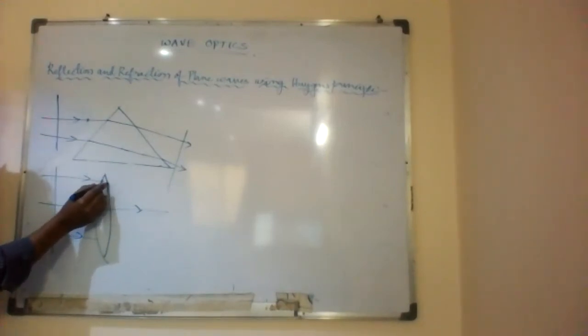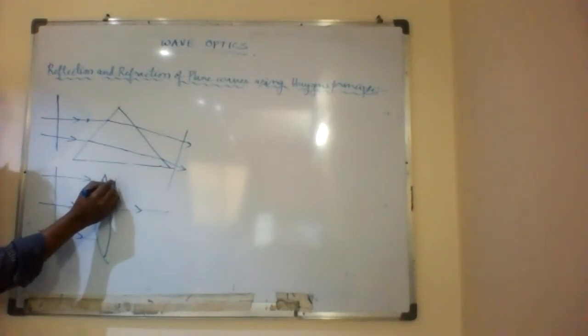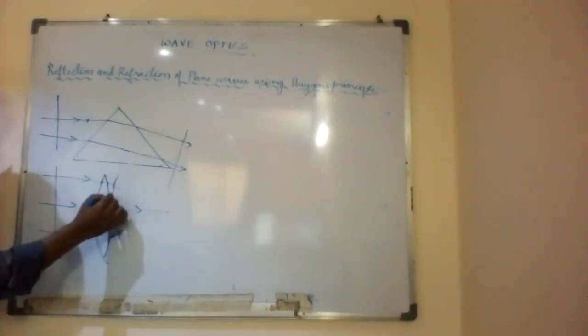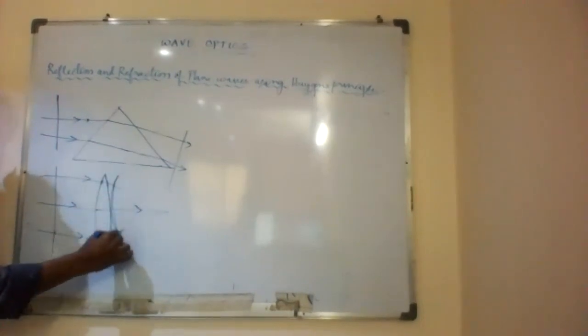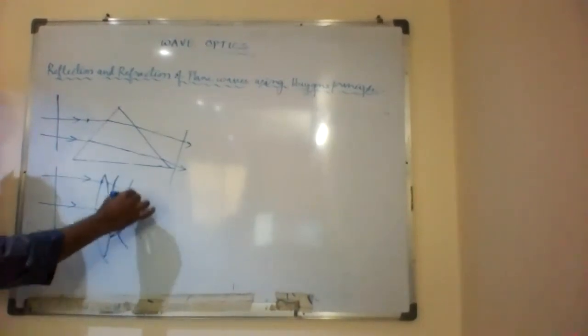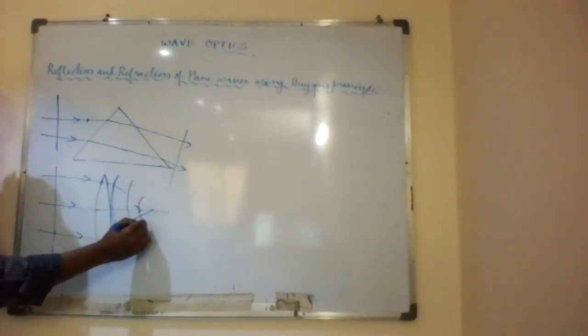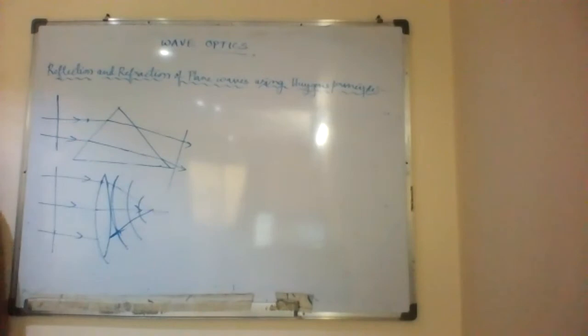What happens? It converges to the focal point, right? See, it is converging to the point. The wavefront is like this. So it is better to complete the picture of the ray optics, then you will be able to draw the wave optics.